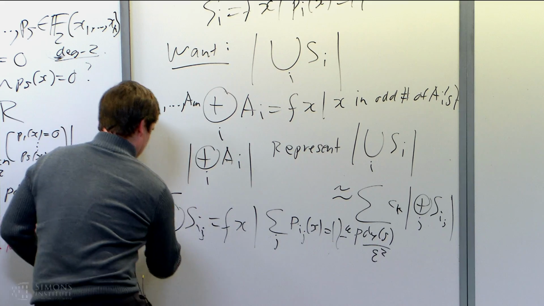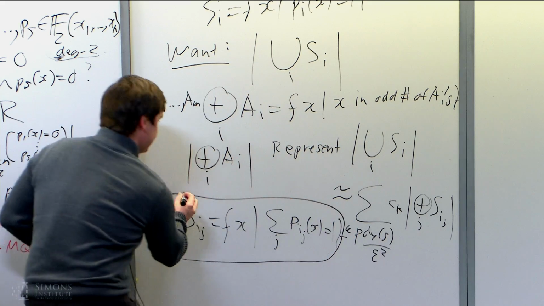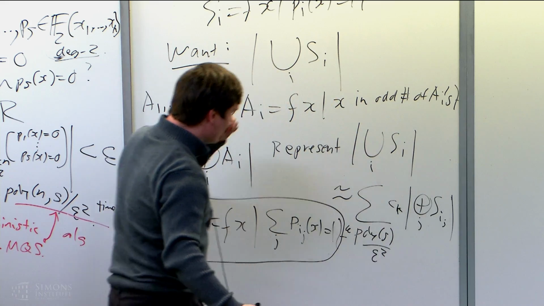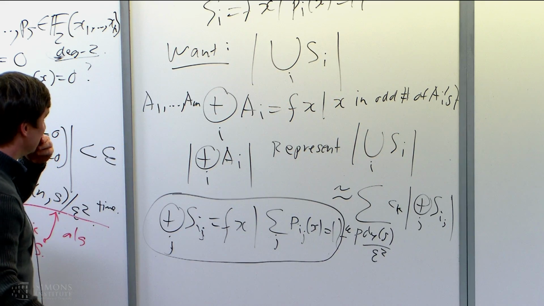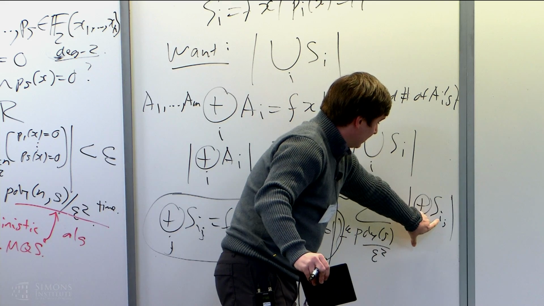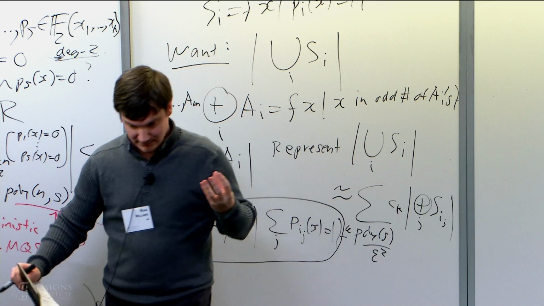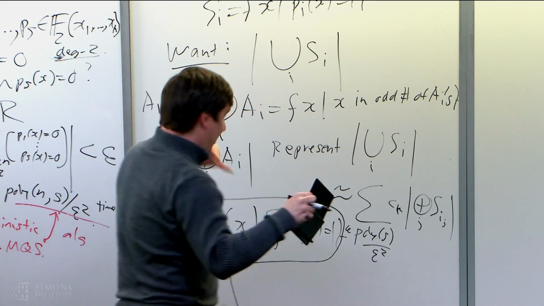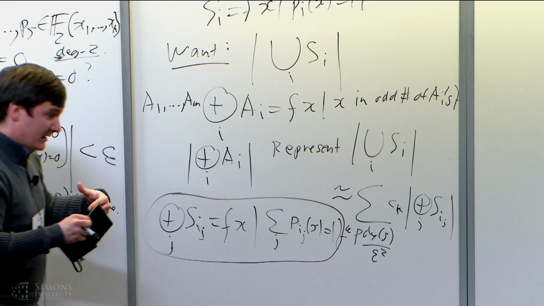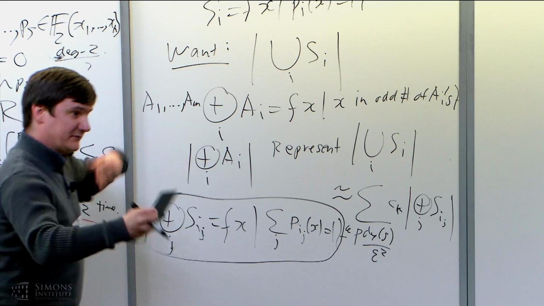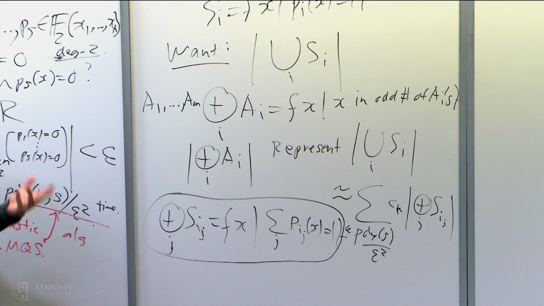Okay? So the idea is I want to approximate this union, the fraction of assignments in this union, up to some epsilon. I will exactly count oddities. So in other words, I will just take some deterministically chosen linear combination of the polynomials in my system. I will count the number of solutions to each one. Okay? And then I'll take a linear combination of that. And that will be an additive approximation.